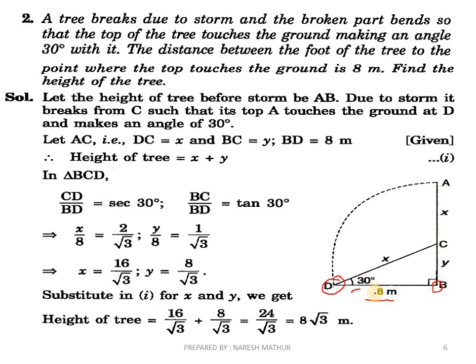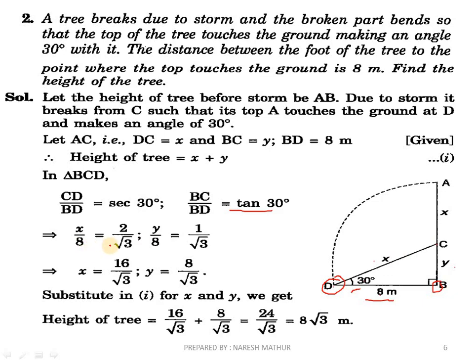Alright, so here we have the base, we have an angle, we have to find the perpendicular, and we have to find the hypotenuse as well. So we can take first perpendicular and base. The relationship between perpendicular and base can be taken from tan theta, and the relationship between base and hypotenuse we can choose either cos or sec.